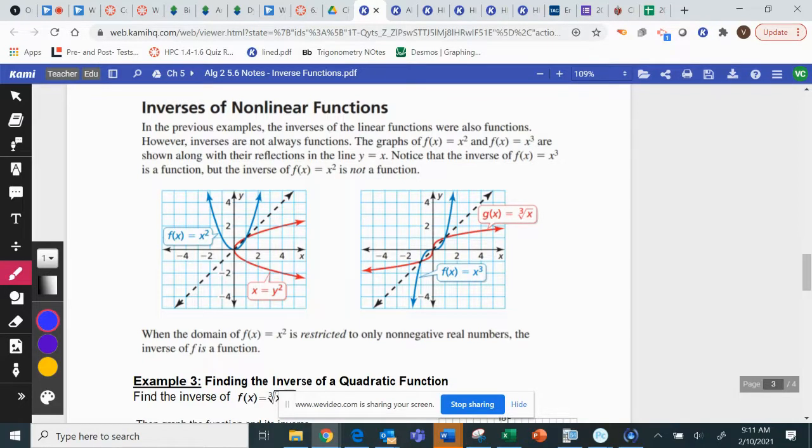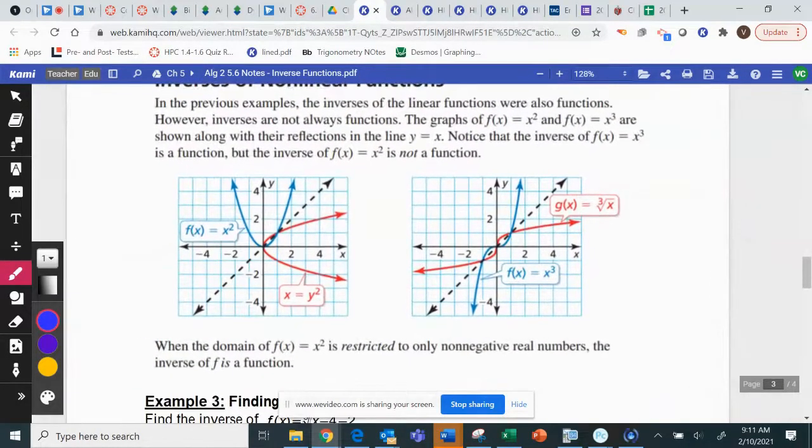Then we have a blue x cubed, and then in red, the cube root. Those are inverses of each other. They undo each other. Cubed and cube root undo each other. Squared and square root undo each other.